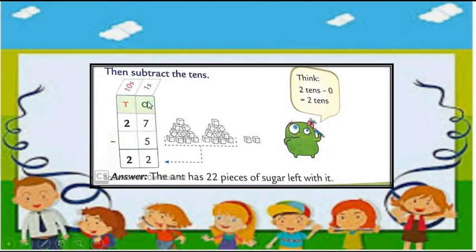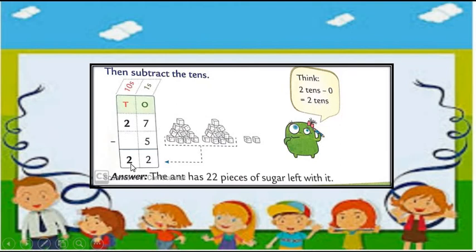After completing the ones place, then subtract the tens. Now look here, my dear. 2 is standing alone. Here we don't find any number. So what does it say? Think in your mind, 2 tens minus 0 is equal to 2 tens, means the number itself.